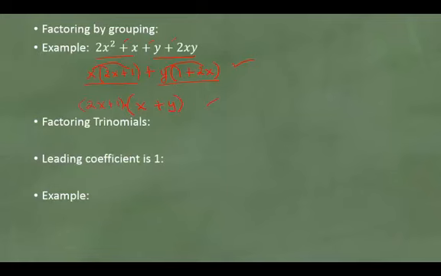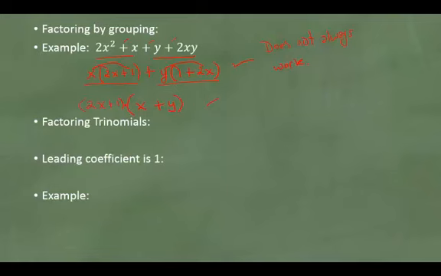So in this case, factoring by grouping works, but it does not always work. But if you notice that the first two terms and the last two terms have something in common, you might try it. The most common type of factoring that we'll do in this class is factoring trinomials.